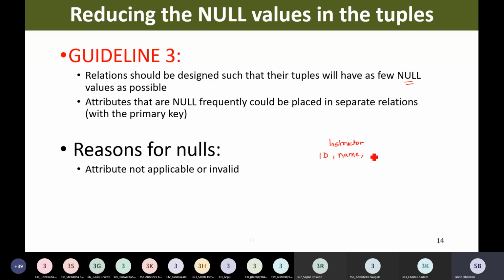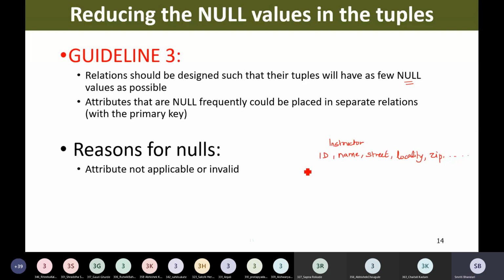Say for example, we are storing the street, the locality, the zip and so on, right?